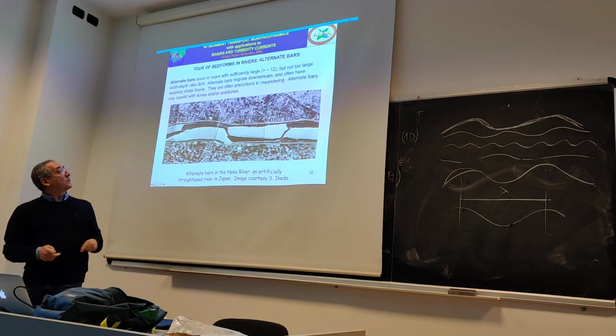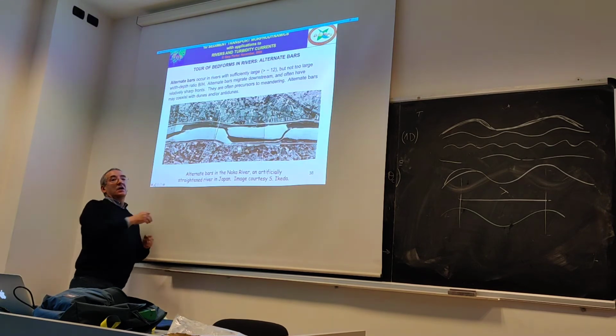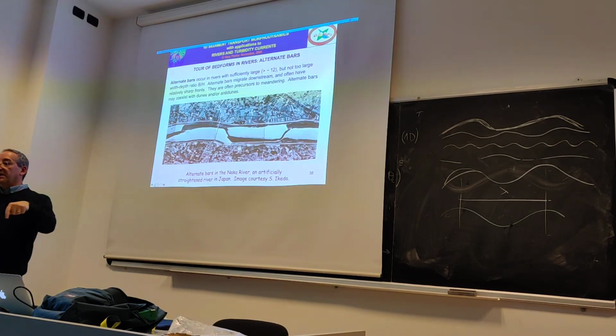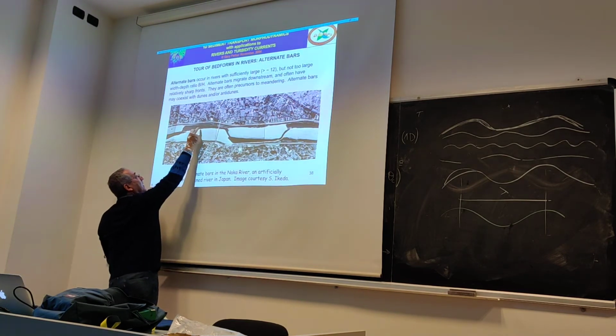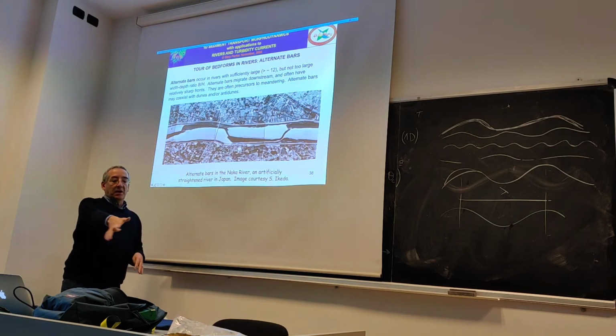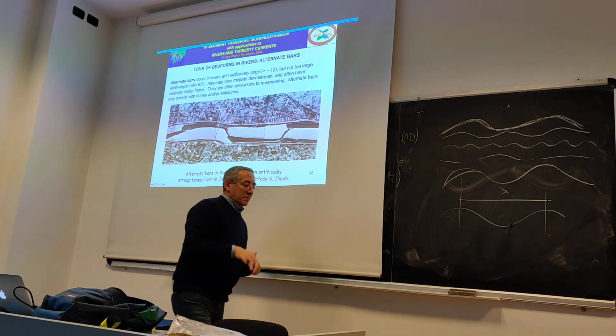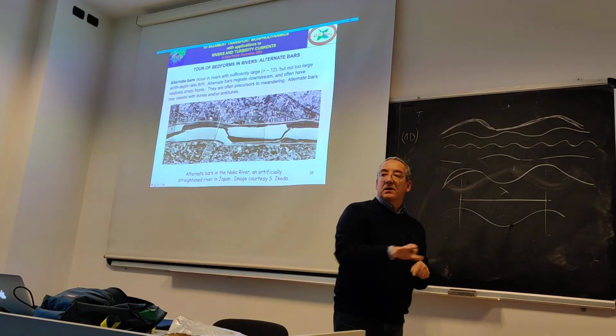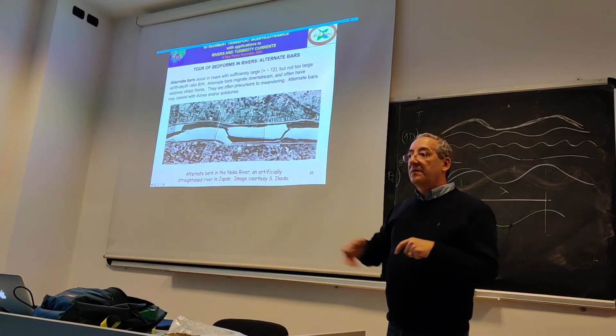So if you make a section, you will see a straight line in dunes and anti-dunes, but here you will have a pool here and a crest here also. Okay, so you have a kind of two-dimensional pattern as you move along the bed form.